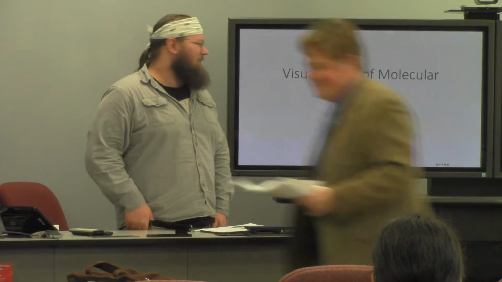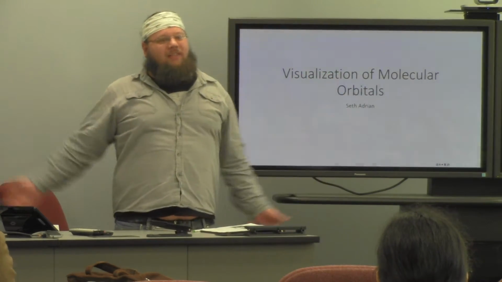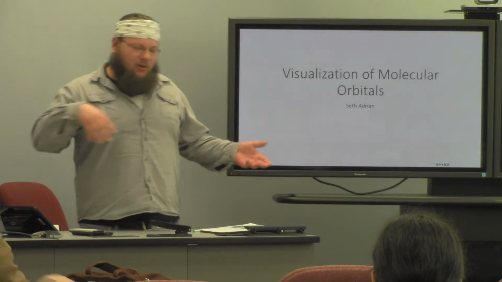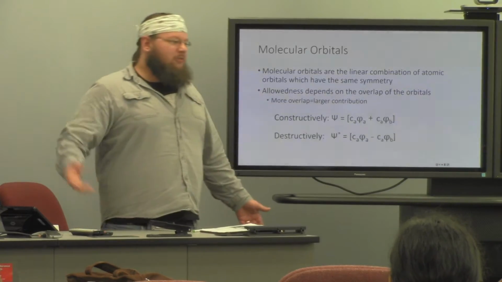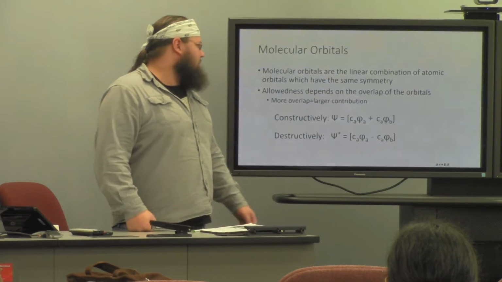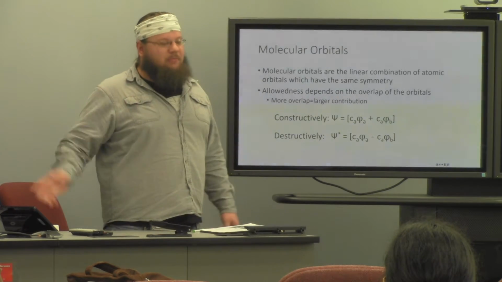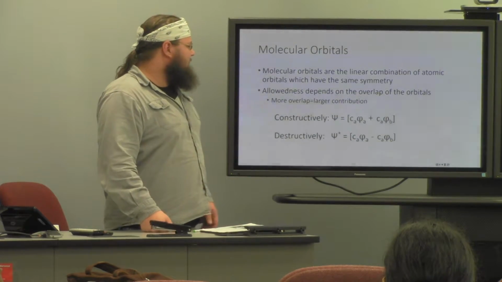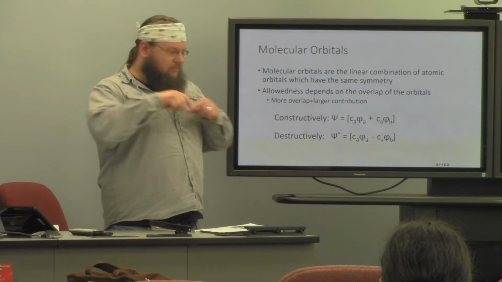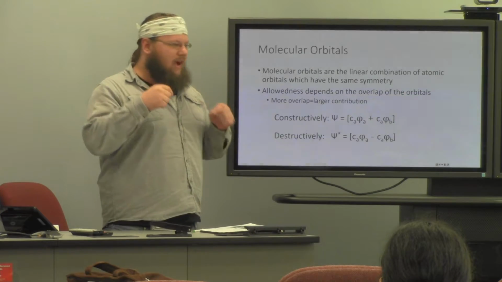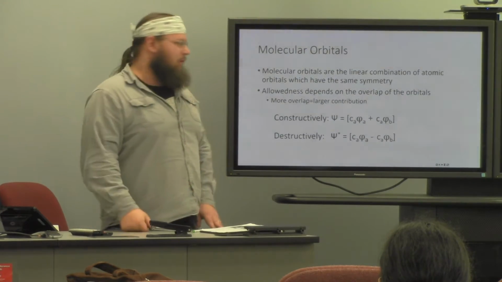All right, so we've been talking about molecular orbitals a whole bunch. Let's look at them. You get nice pictures in your textbook of atomic orbitals, so what we want to do is visualize molecular orbitals. Again, molecular orbitals are linear combinations of atomic orbitals, but they have to have the same symmetry, which Zach helpfully discussed. And the allowedness, so how much they overlap, determines how much they contribute to each molecular orbital.